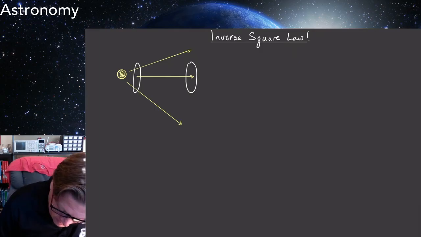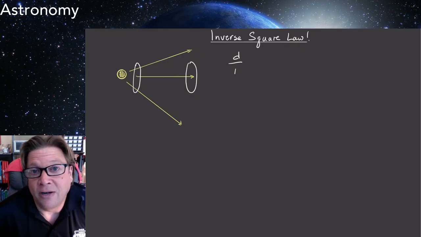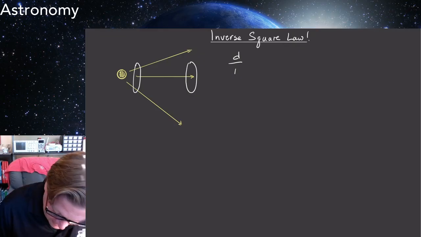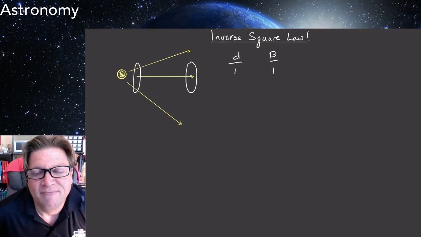And so the square law means that if this is your distance, if you are 1 unit away, whatever that is, a meter or an AU away from the sun, whatever, then the brightness would be, let's just say, 1. It would be 1 amount bright. Anyway, full brightness, right?